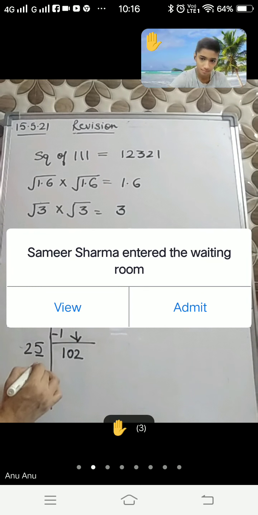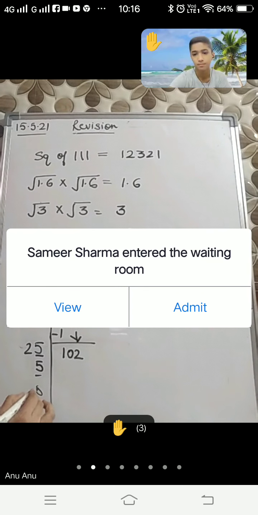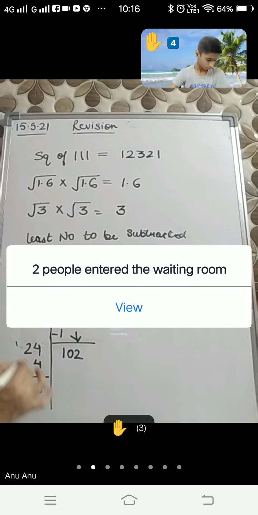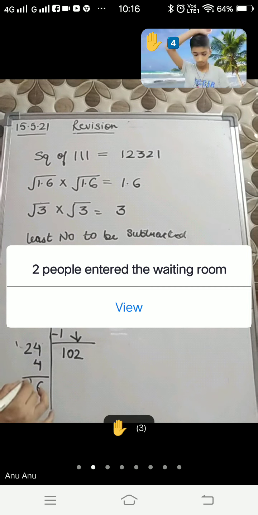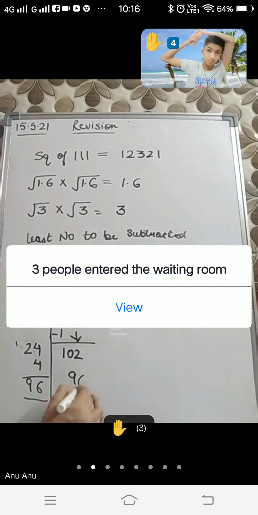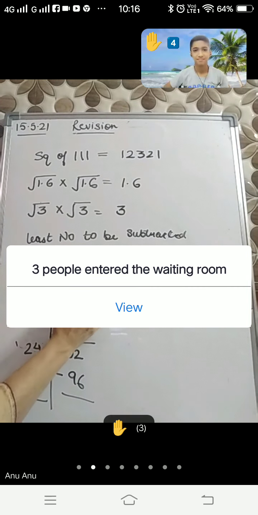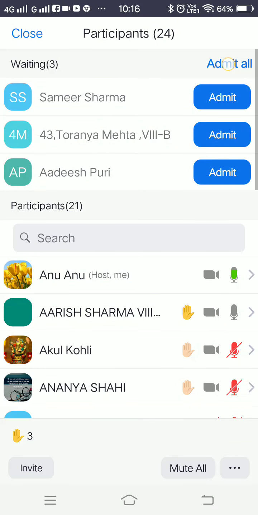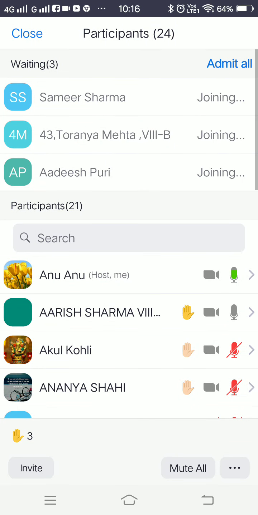So if I write 5, 5 5s are 25, it will be greater. So you will take 4, 4 4s are 16, 4 2s are 8 plus 1 is 9. This is 96. 4 you will write here and the remainder is 6. So 6 you will subtract from 202 to make it a perfect square number.